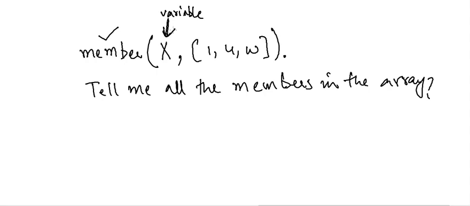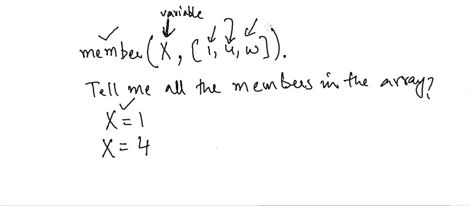So when Prolog processes this list, it's going to assign this 1 to x, then Prolog is going to move forward. It's going to take a look at the second element and assign that value to x, and then it's going to move forward and take a look at the third element and assign that value to x. So this is going to be the output in this case.